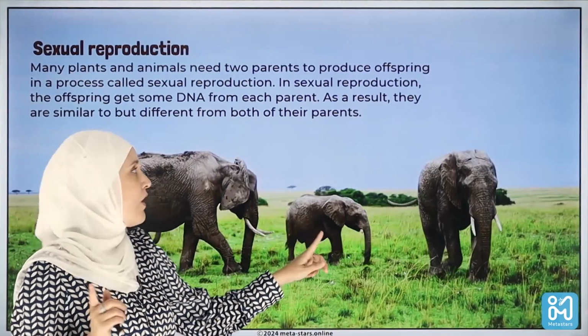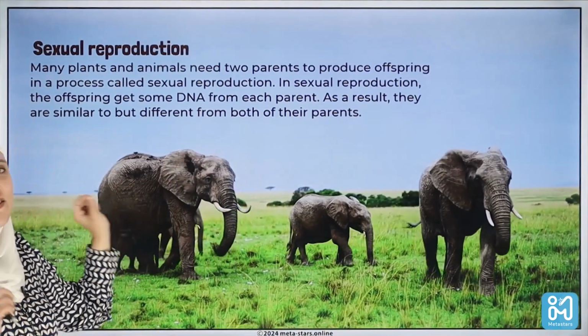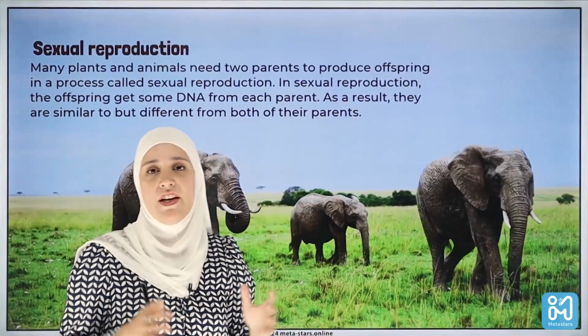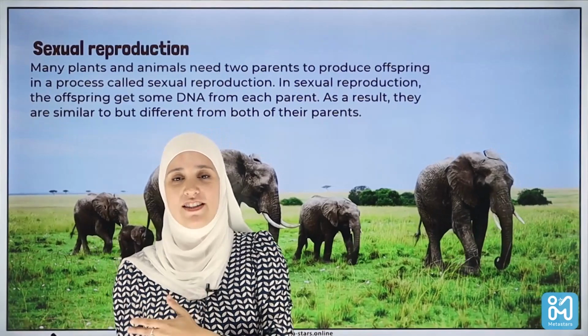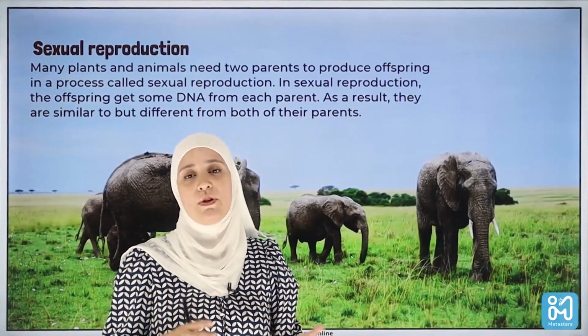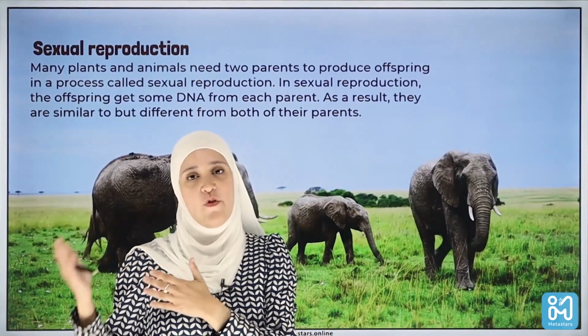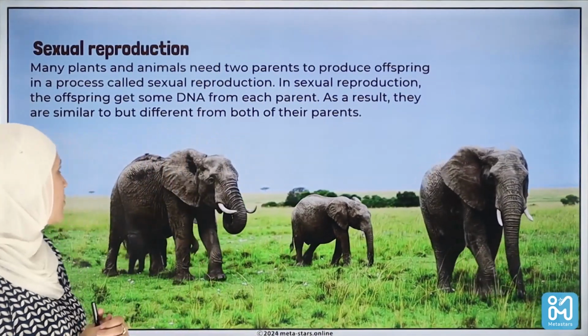But notice that the offspring are similar to their parents, but they are different from both of them. For example, if you have a male black cat and a female white cat, the kitten could be a mixture of colors, black and white. This is because they get their genetic material from both parents. This is the meaning of sexual reproduction.